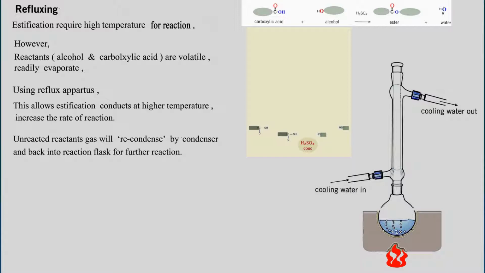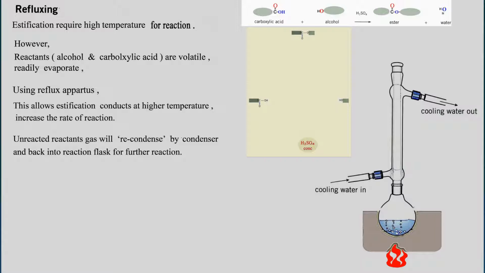You can see that is an acid, C double bond O and a single bond OH. Alcohol, OH. Through sulfuric acid, it reacts as follows. Now the ester forms at 200 degrees. But you will find a lot of unreacted acid and alcohol. They evaporate before the reaction takes place.